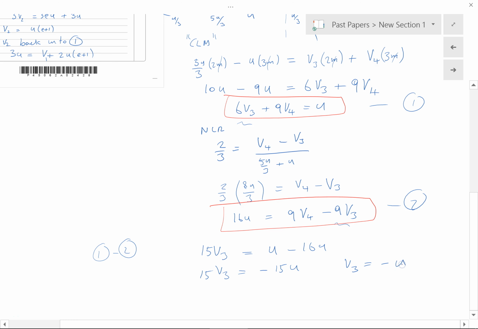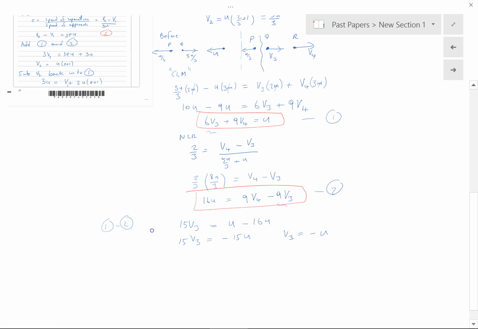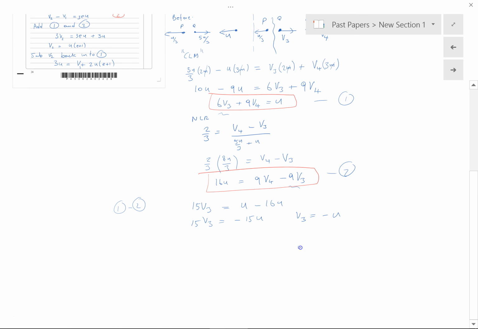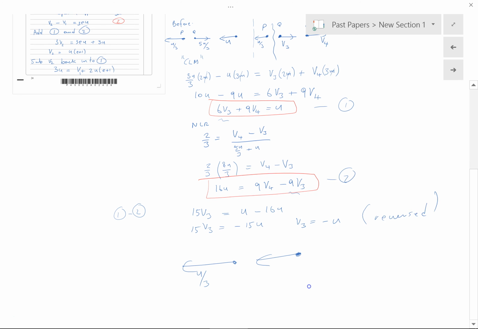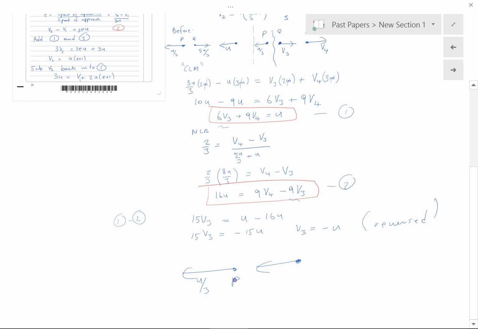Well, I did say we were going to expect them to actually be reversed, because that's the only way we could have a collision. But we've got P going with speed U over 3 that we found before.